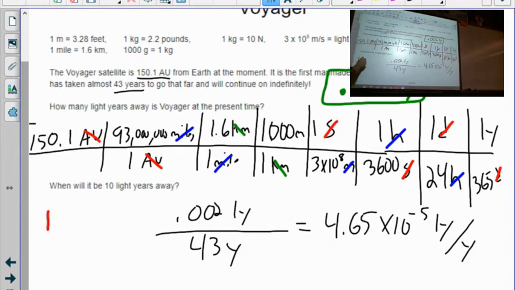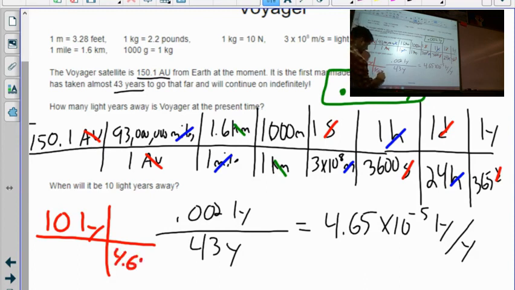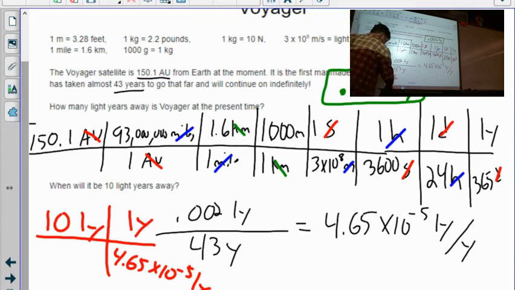I'm going to say 10 light years, and I'm going to divide it by, or I'll show you how I would do it this way, 4.65 times 10 to the minus 5th light years per 1 year. So light years will cancel out.